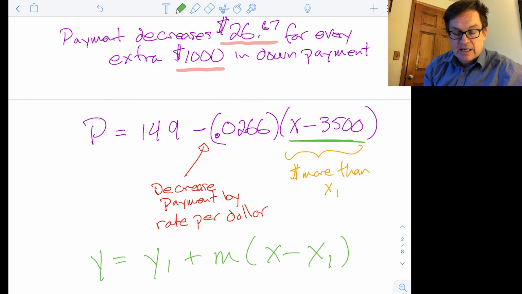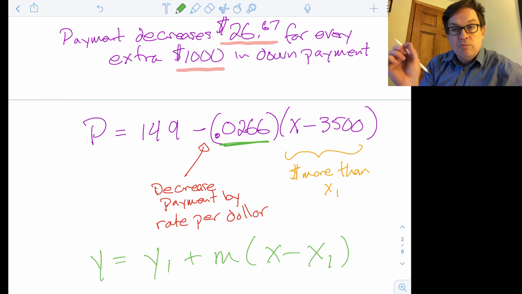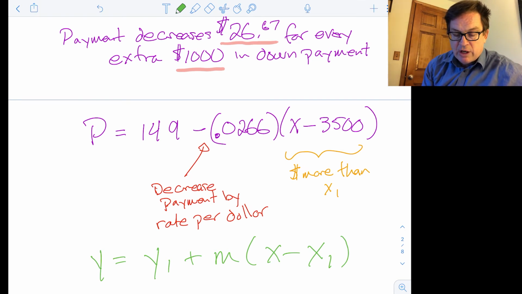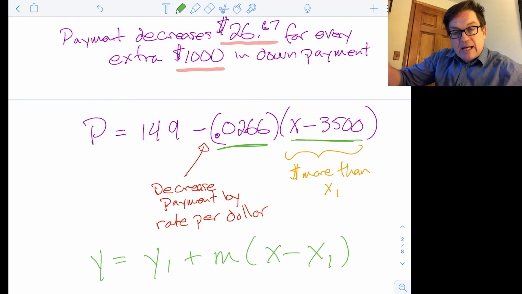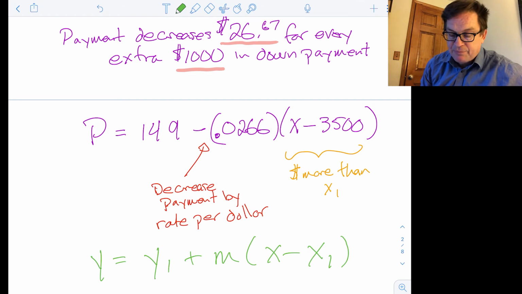That's the x minus x1, and we multiply by negative 0.0266 for every dollar we move away from our starting value of x. So we have 149 minus the rate times how many dollars we've increased our down payment. You can get an equation like that.